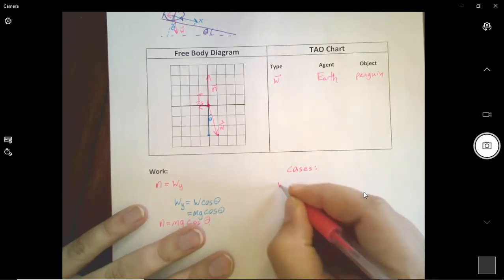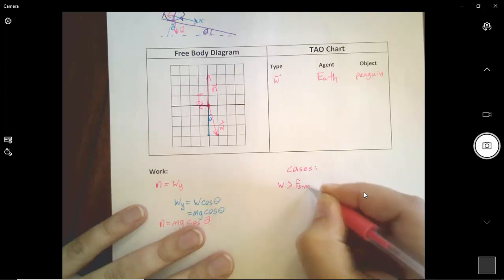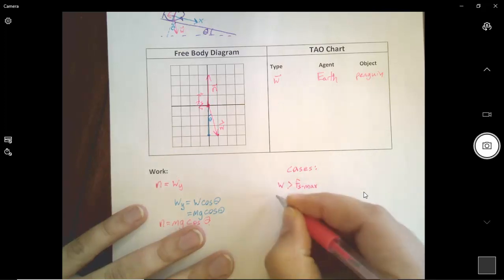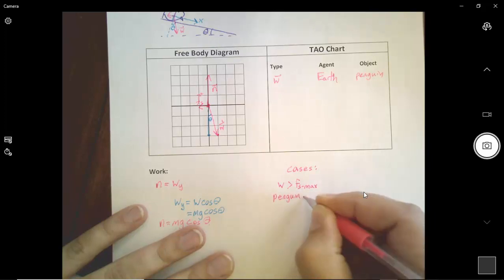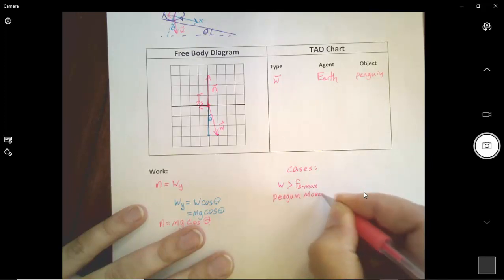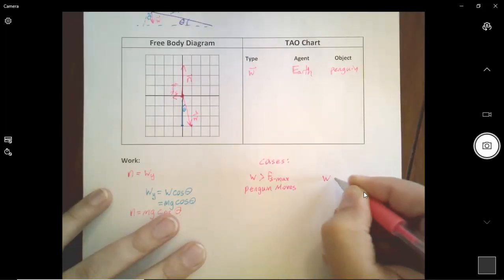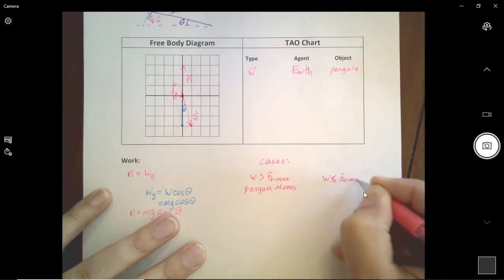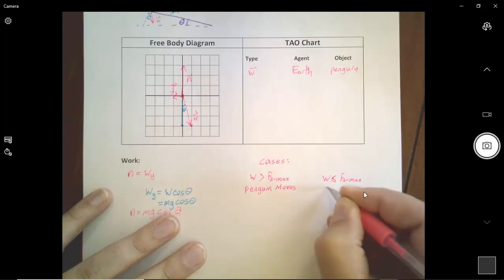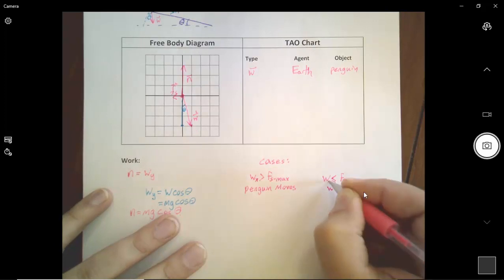Either W is greater than Fs max, and this is the penguin moves, or W is less than or equal to Fs max, which means, this is only the x component of W, right?